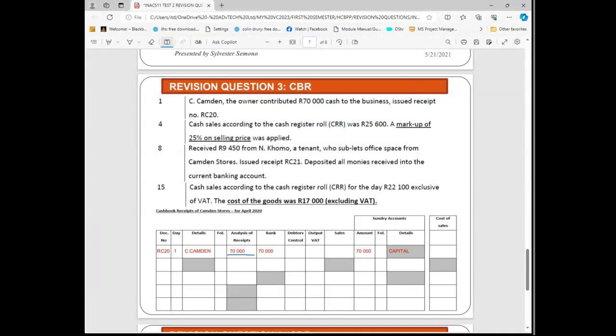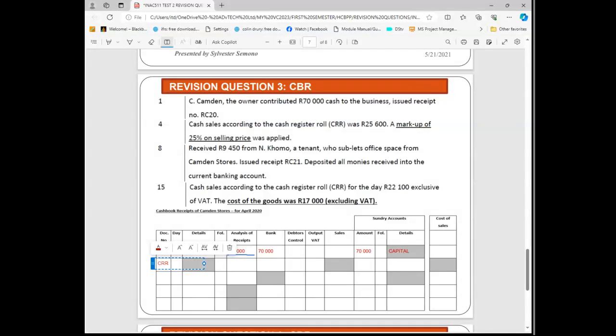Cash sales according to the cash register roll was 25,600, and a markup of 25% on selling price was applied. The document name is CRR.